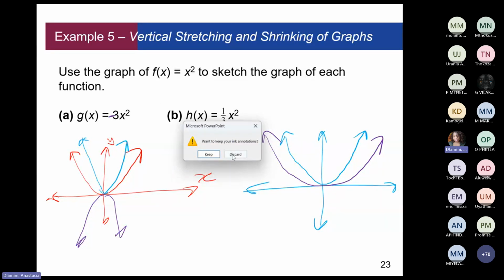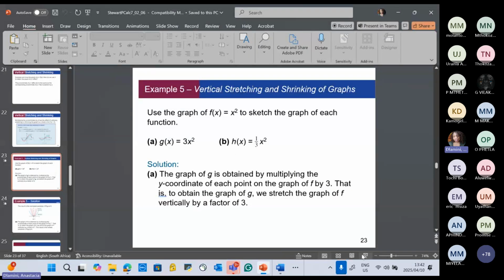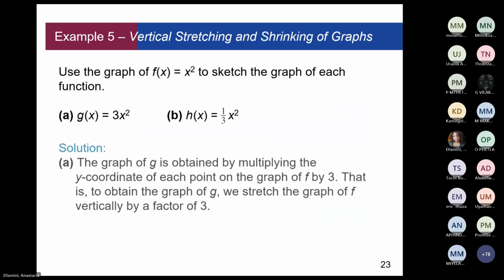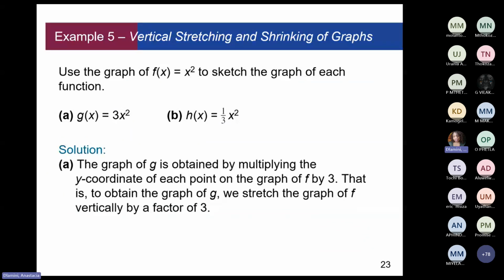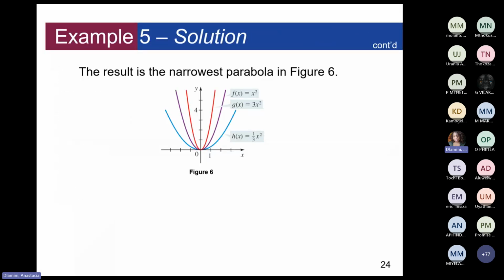And in the exam and in the assignment, I combine the transformations. So the graph of g is obtained by multiplying the y-coordinates of each point of the graph of f by c, by 3. That is, to obtain the graph of g, we stretch the graph of f vertically by 3 units. There we go. As we said, when you're stretching, something becomes thinner.